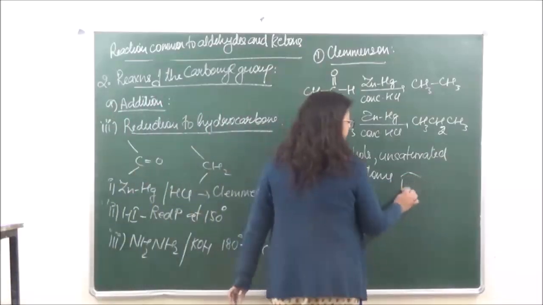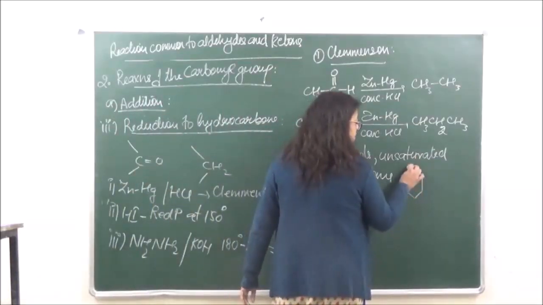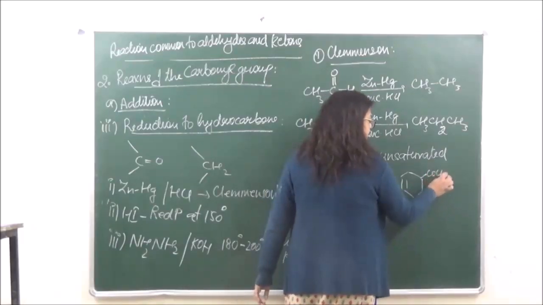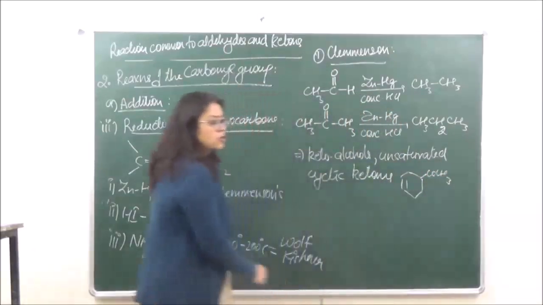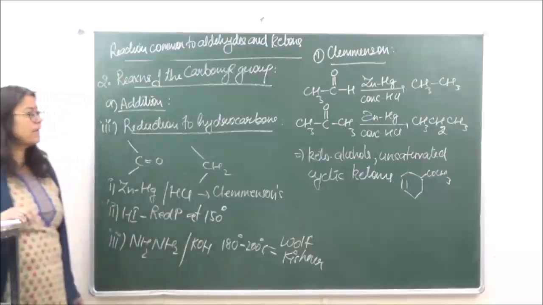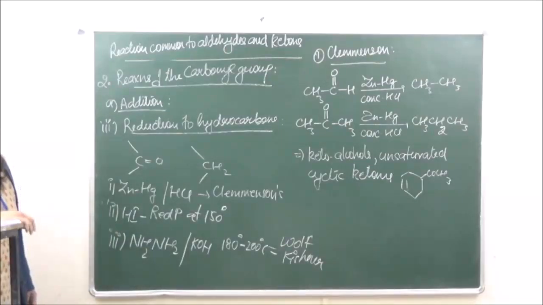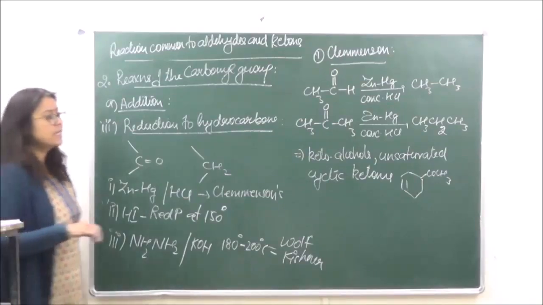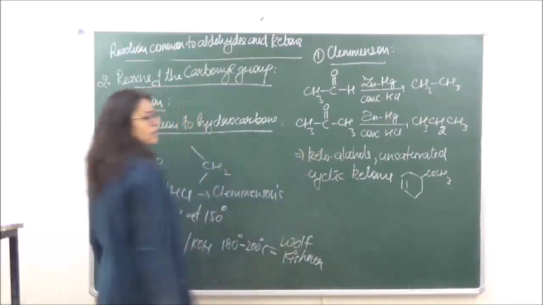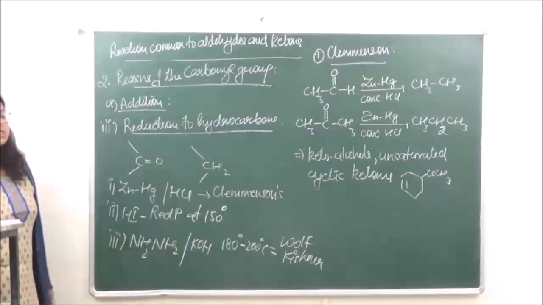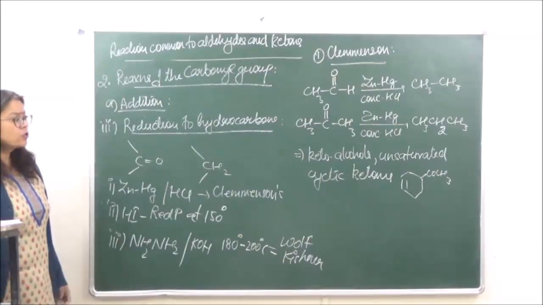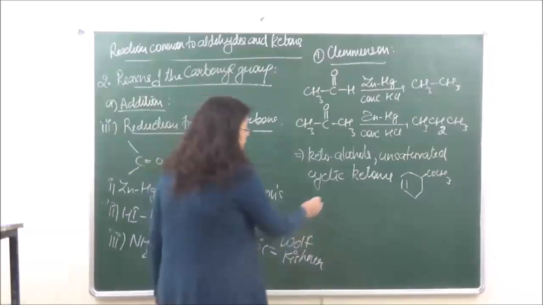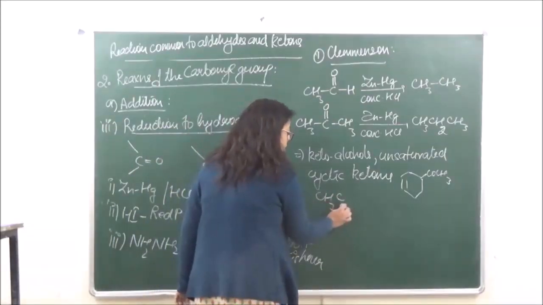For example, if we are having a compound like this. So Clemmensen reduction is not even applicable to such kind of compounds. And it is not applicable to alpha hydroxy ketones. They are the same as keto alcohols only. Alpha hydroxy ketones means that the OH group is going to be attached at the alpha carbon atom.